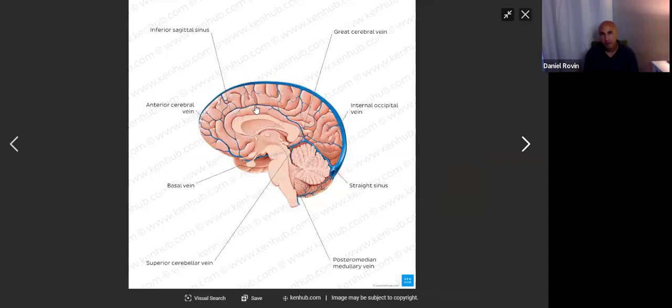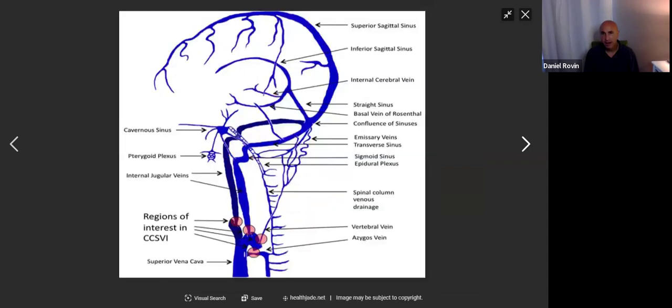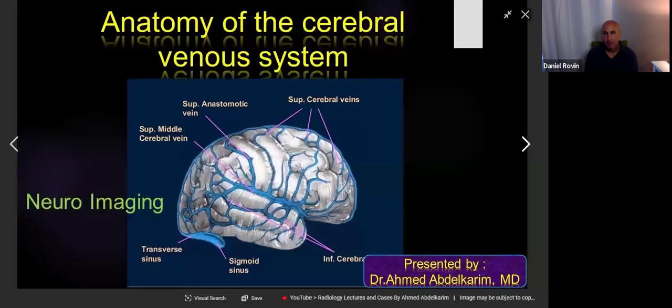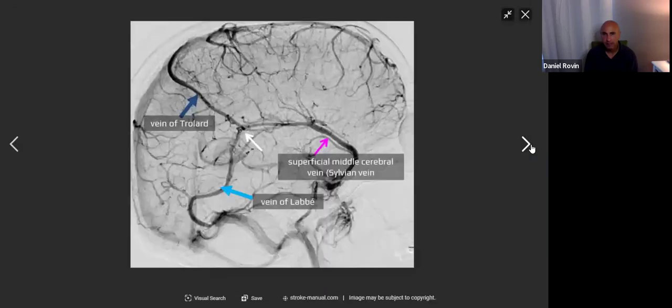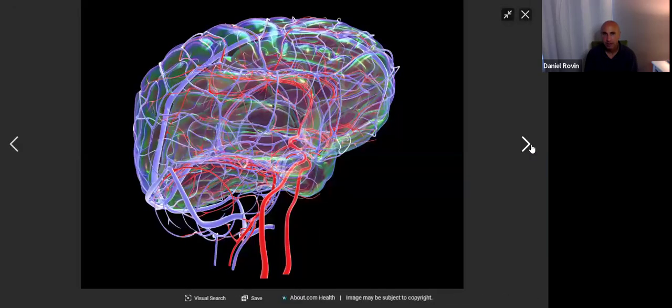And all of the veins of the brain dump blood into the sinus so that the sinus acts as a channel, or if you will, a big ditch for getting the blood out of the brain without having to have 2 to 3 times as many veins. So the arteries and the veins look very similar, except for the veins have those sinuses to use, dural sinuses.